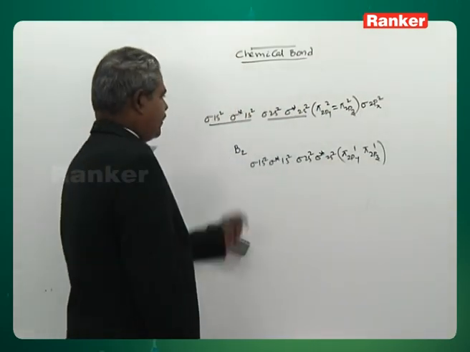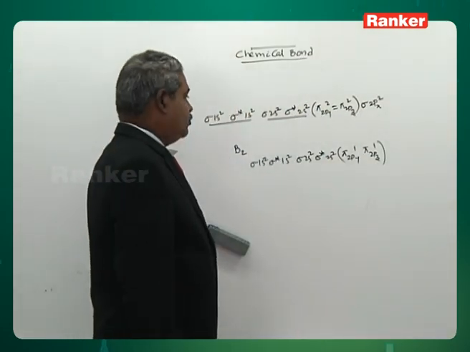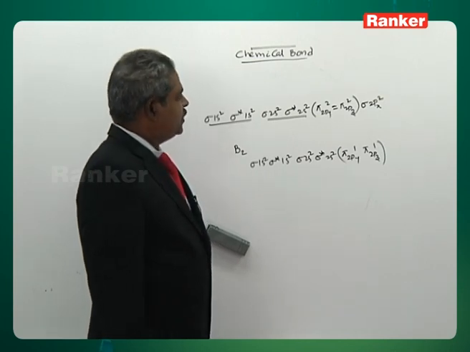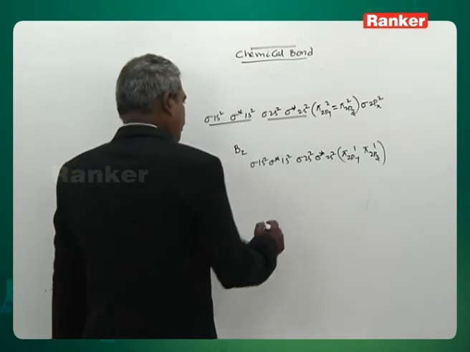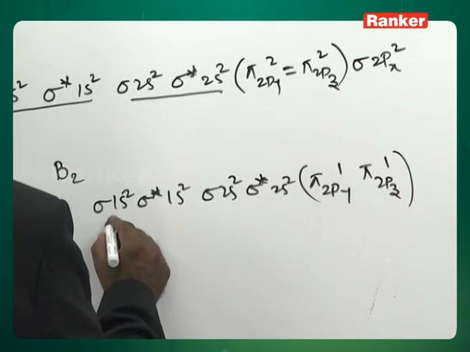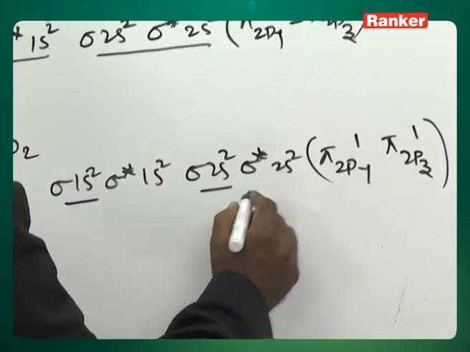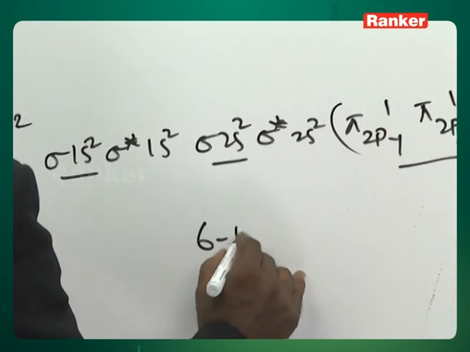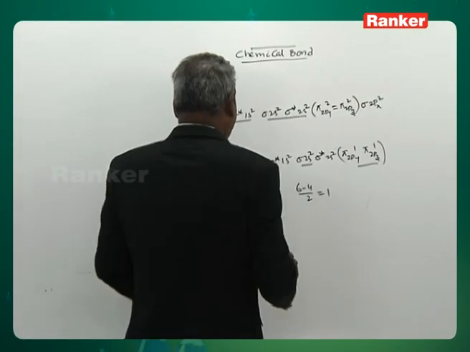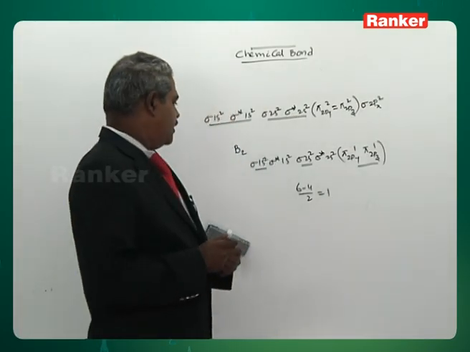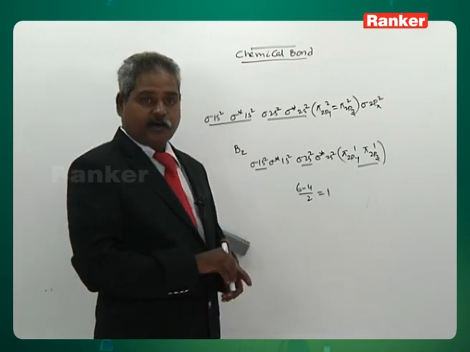So, how many unpaired electrons are there? B2, pi 2py1, pi 2pz1. Therefore, the bond order is 2 plus 2 plus 2, 6 minus 4 by 2. The bond order of B2 is 1, and it has 2 unpaired electrons.